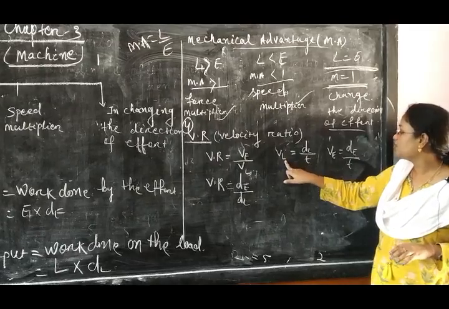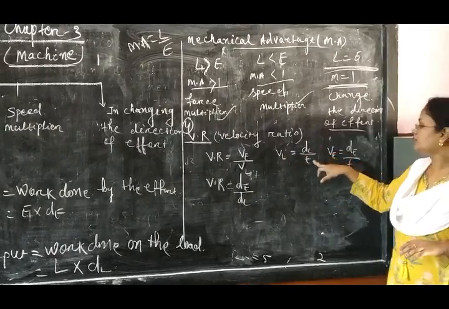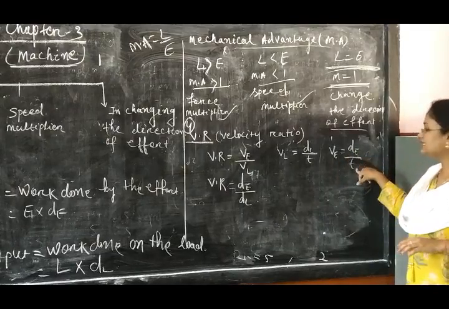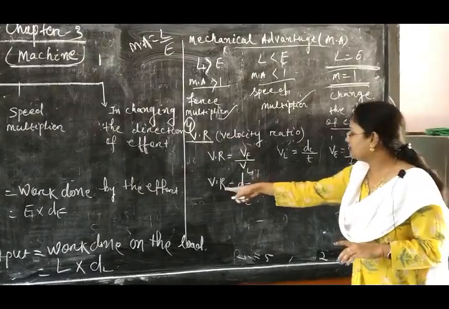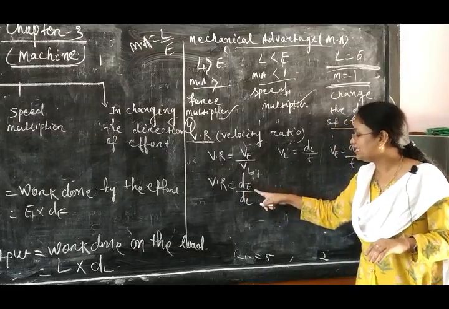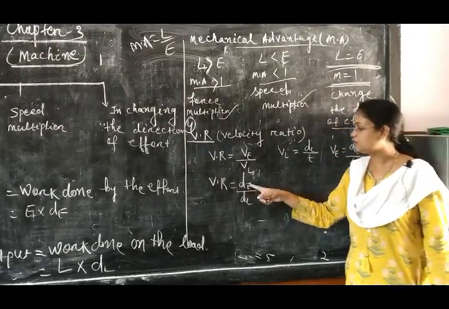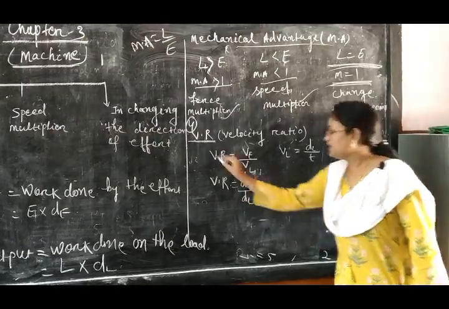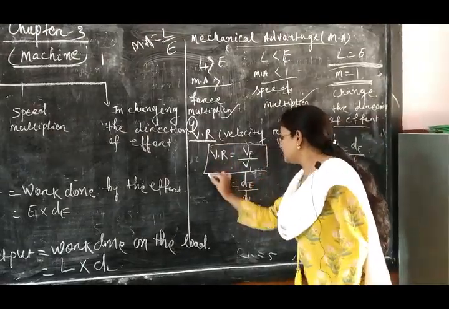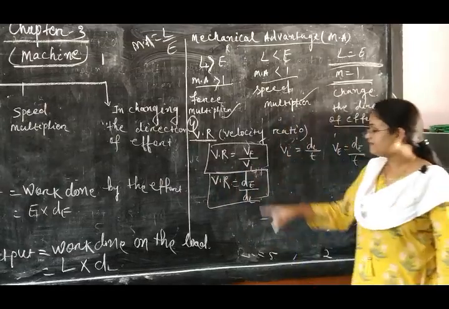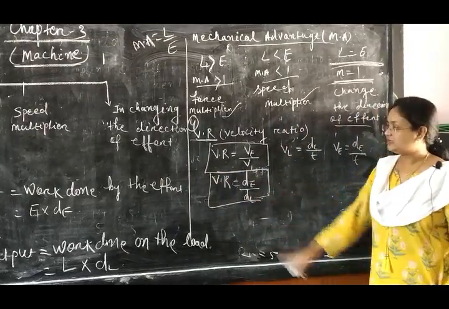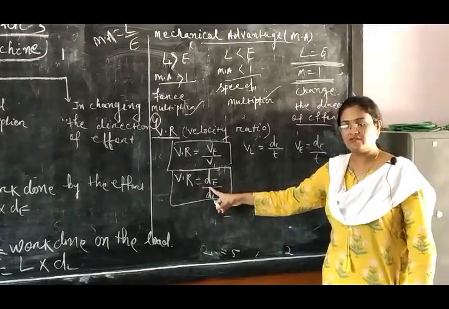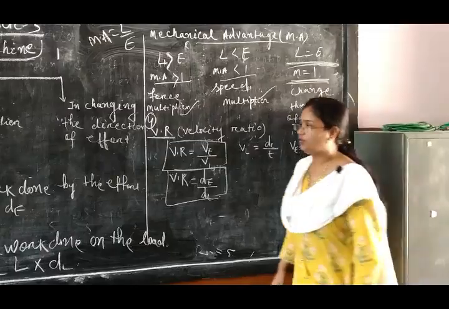Then velocity of the load is dl by t, and velocity of the effort is de by t. If you divide, velocity ratio is de by dl, that means distance moved by the effort by distance moved by the load. You will use these two formulas: velocity ratio is Ve by Vl or de by dl.